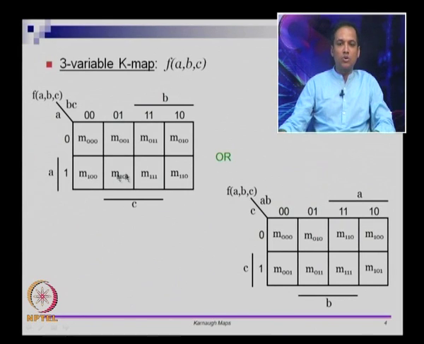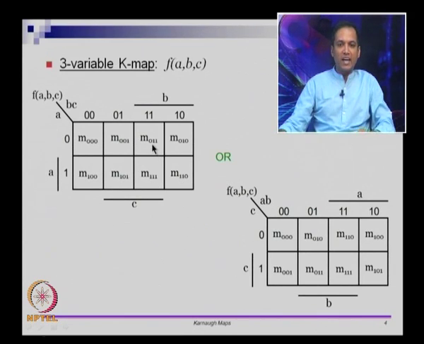Right. So, this row corresponds to A equals 1 and this row corresponds to A equals 0. If you look at these 4 entries, you read them as 011, 010, 111 and 110.